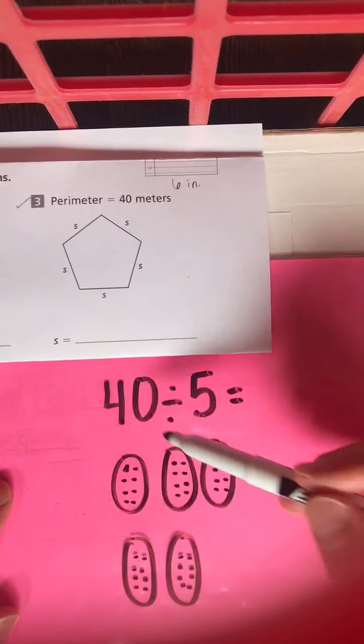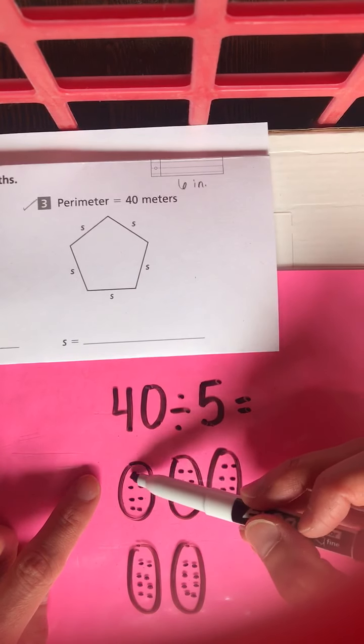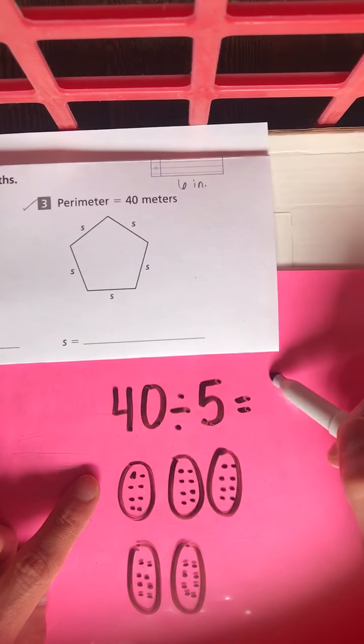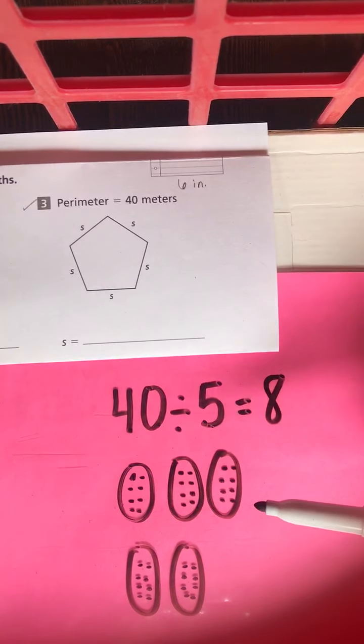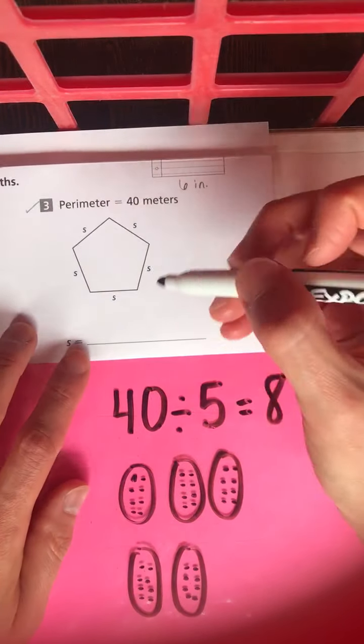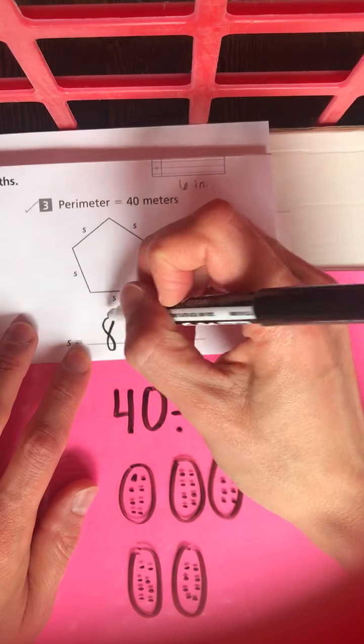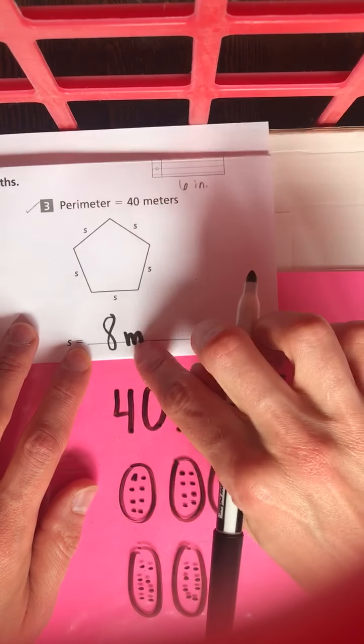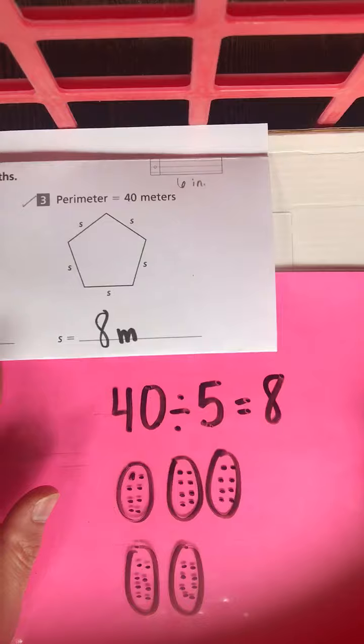So I figured out that 40 divided by 5 is 8. Friends, if you use a different division strategy, that's fine, okay? But you should have still gotten that each side was equal to 8 meters, M for meters.